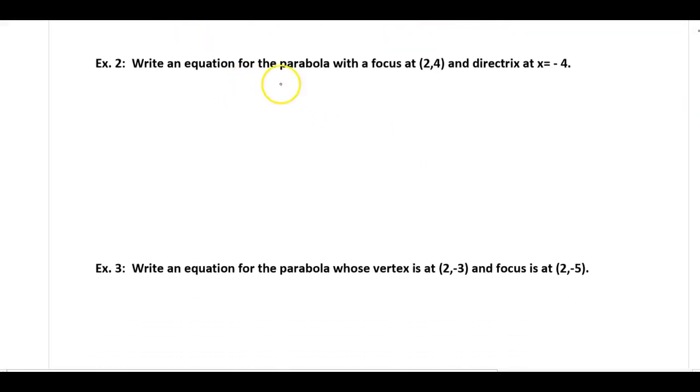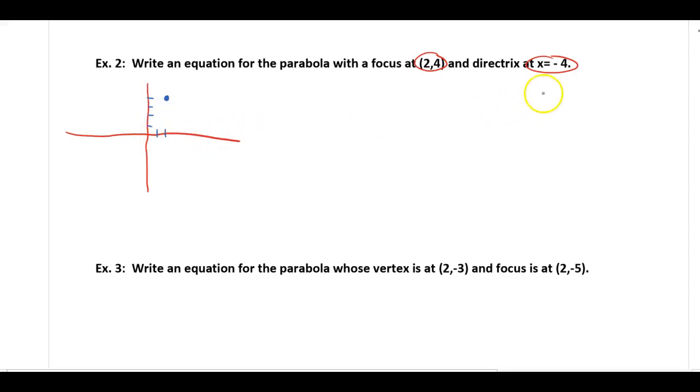Number 2, write the equation for the parabola with a focus of 2, 4 and a directrix at x equals negative 4. So this is where you need a pretty good sketch, right? So my focus is at 2, 4.